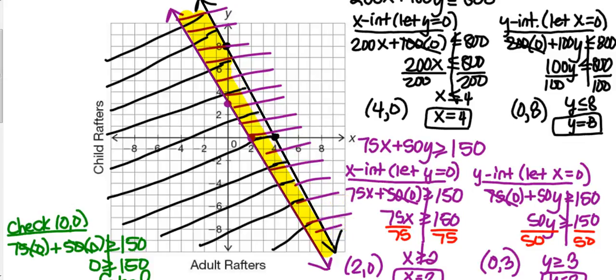But I'm actually going to back up my highlighter real quick because, remember, the x-axis represents adult rafters. Can you have negative rafters, negative adults? Nope. And here the y-axis represents children. Can you have negative children? Again, no. So the real world answer is what's strictly in quadrant 1.